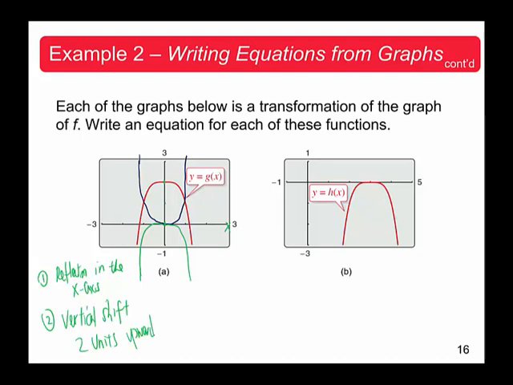So reflection about the x-axis, meaning the y value becomes opposite. So first of all, g of x here should be negative x to the fourth. And then it's shift up 2 units, so adding 2 in the back. Okay, so that's how we come up with the transformation function. So this is the first one here.